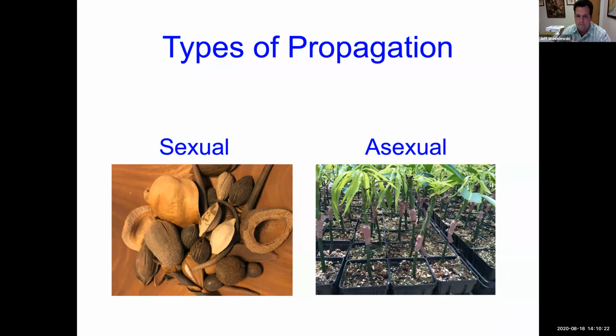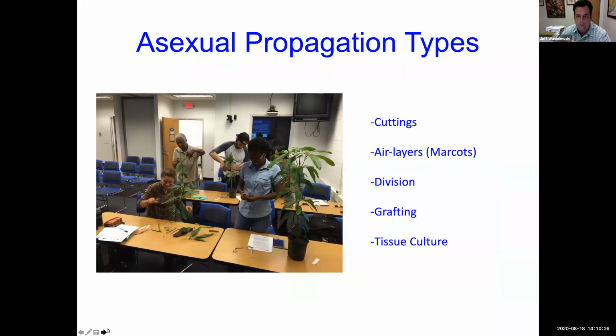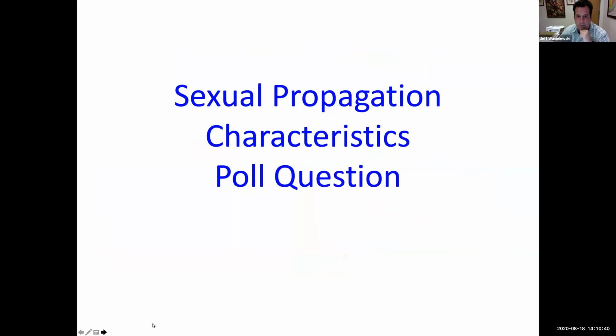And those have different characteristics as well. Okay, so asexual, like I said, cuttings, air layers, division, grafting, tissue culture, these are all types of asexual propagation. But today we're going to talk about sexual propagation.